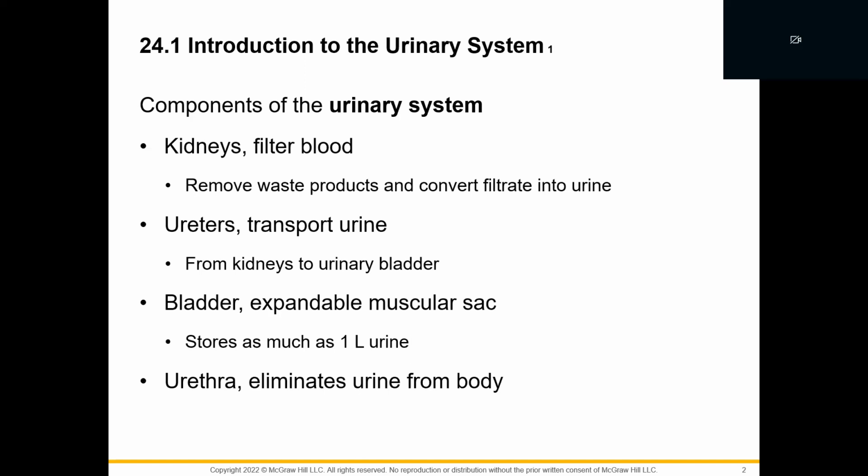Now, after we have made that urine filtrate, we know that it needs to go to the bladder. We just have to have a highway to get it there. The highway is going to be our ureters. Then we know we have the bladder, and we know that it holds a variable amount of liquid at different times.